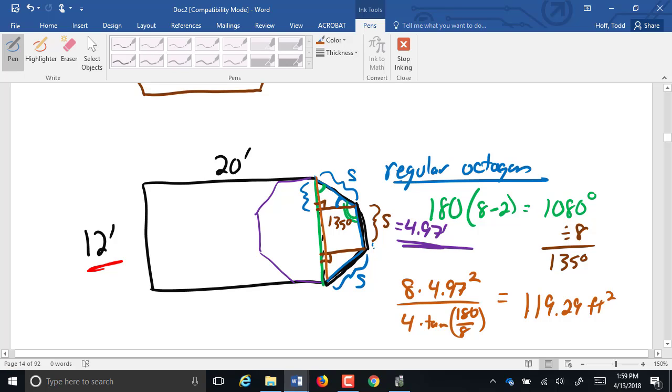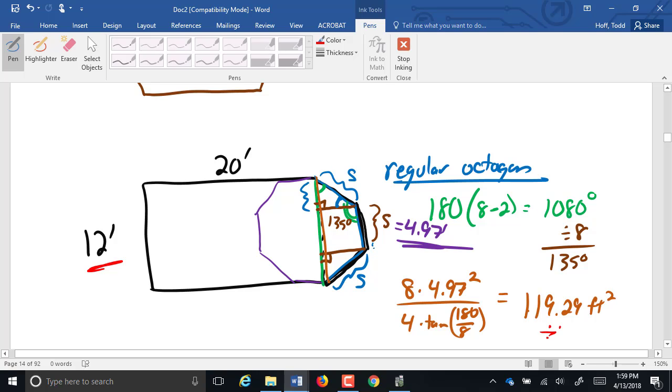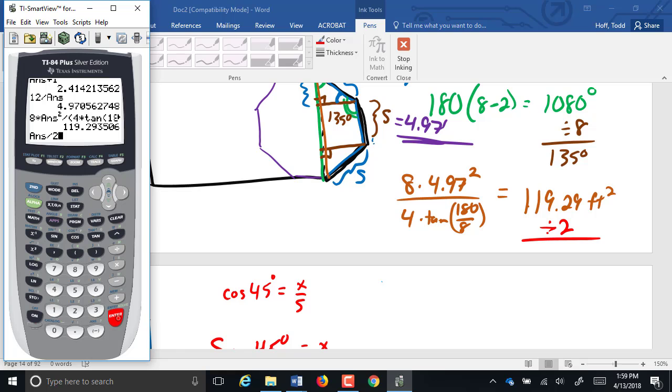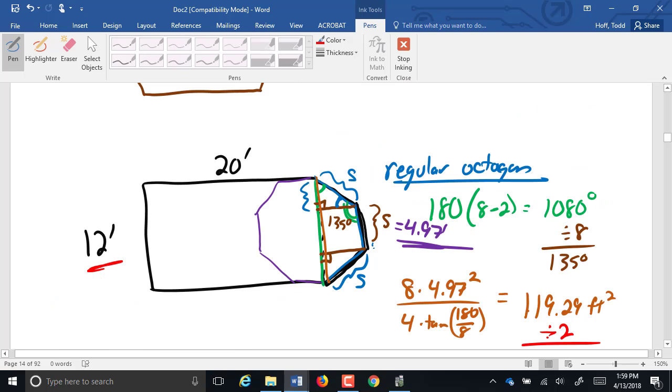I just want this much out here. How do I get that? Okay, if I divide it by 2, that's where we're going to start. Dividing by 2, we get 59.65. But does that really give us the piece we want? Not quite. It cuts us right here, doesn't it? We got this little rectangle here that's extra, but we know that rectangle is 12 feet this way. How about this way?